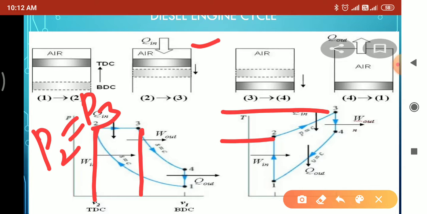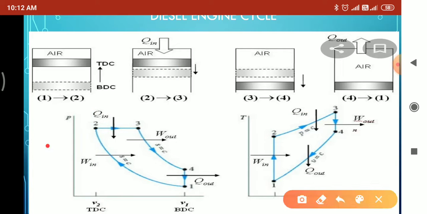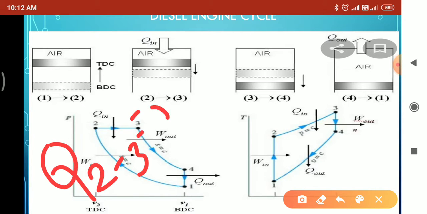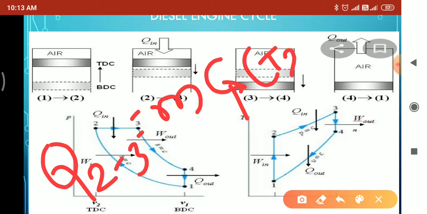In this process, heat is supplied to the air or system. I can write the equation for heat supplied: Q23 equals m, the mass of gas, times Cp, the specific heat at constant pressure, times T3 minus T2. This is the amount of heat supplied to the system.